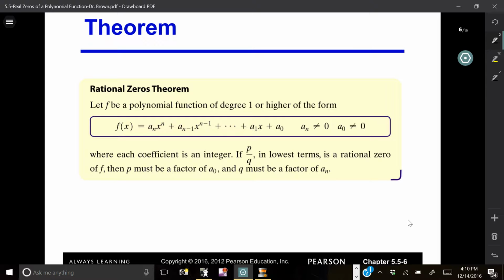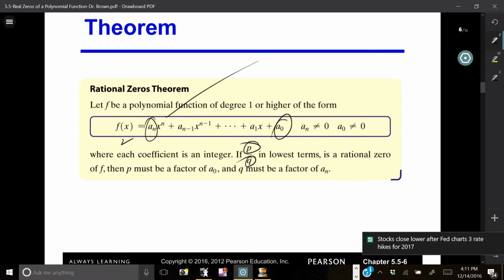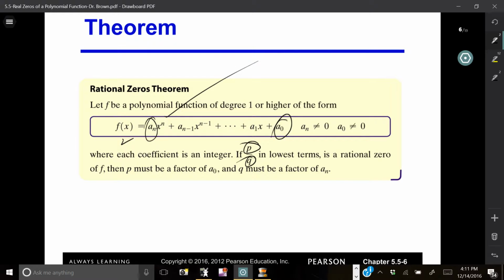At that time, you had to look at your function of nth order, and you had to look at the factors of a sub n and the factors of a0, and then you calculated p over q and would check if this was a 0 of the function.